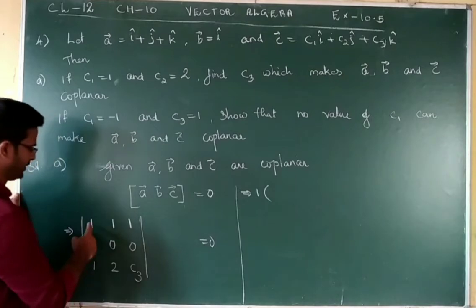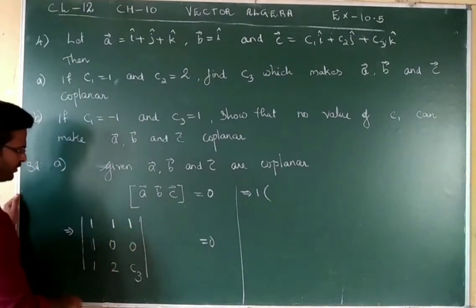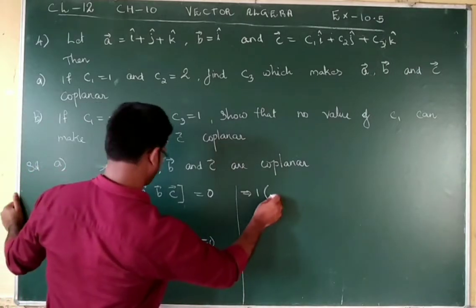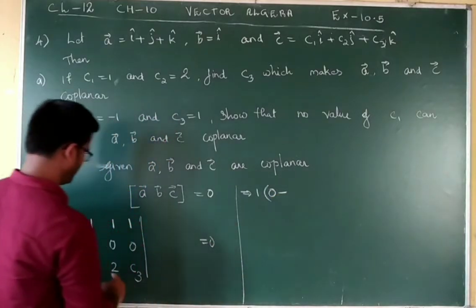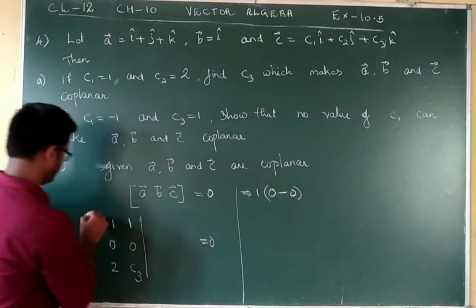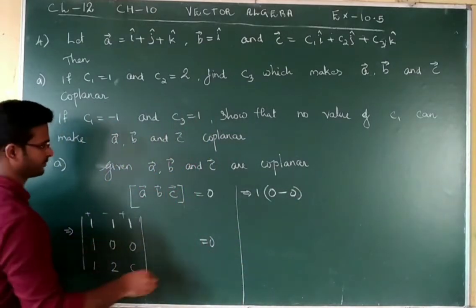1 into, we can leave first row, first column, then 0 into C3 will be 0 minus 2 into 0, we will get 0. And then in here plus, next will be minus, then plus.